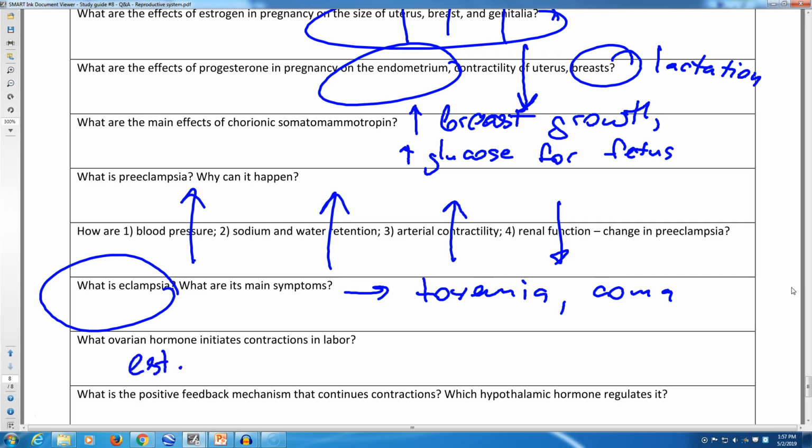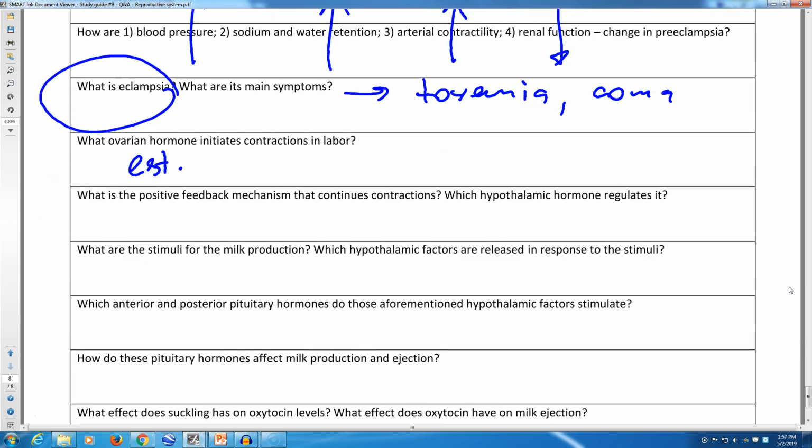Estrogen initiates contractions in labor, positive feedback.